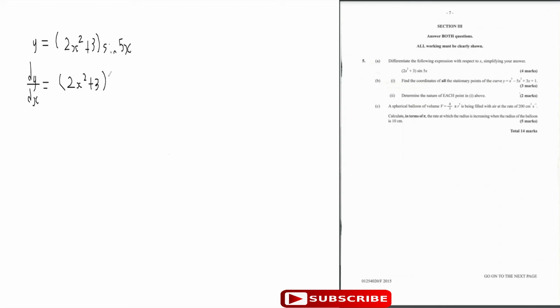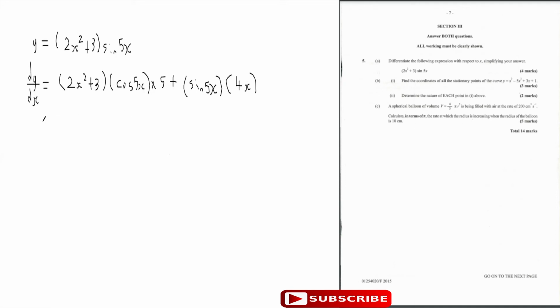When we differentiate sine 5x, we get cos 5x, then you multiply it by 5. Plus, you keep the second one, so keep sine 5x, and then you multiply it by the derivative of the first one. When we differentiate 2x squared plus 3, we get 4x.